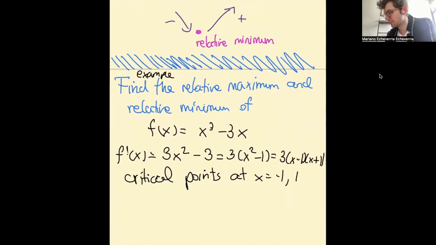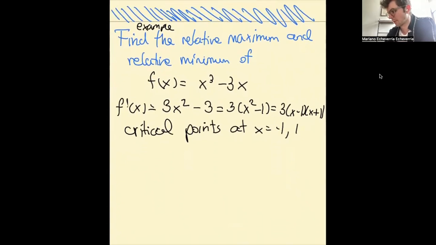So here's what you're supposed to do to analyze this. You draw the x-axis, and on the x-axis, you identify the critical points. So let's put here -1 and 1.